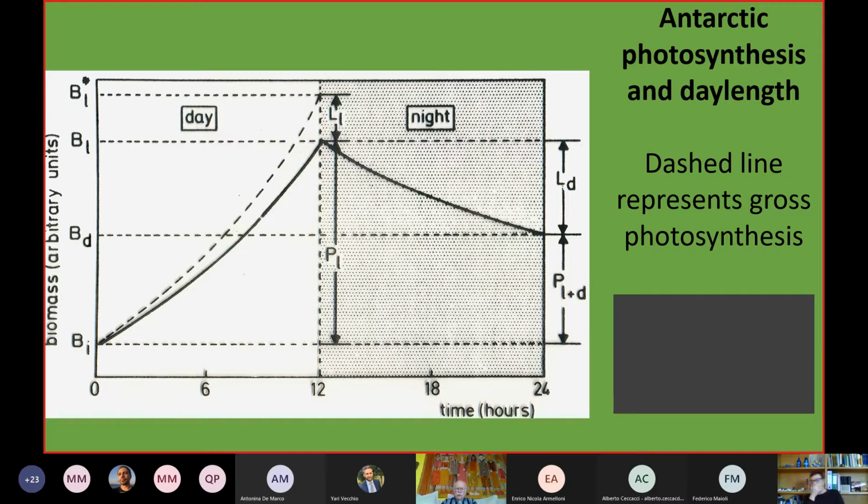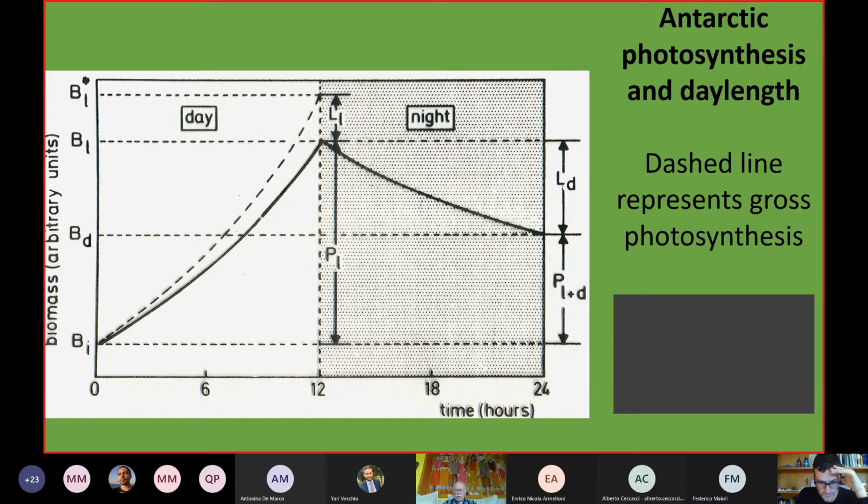Now, here we show what happens at a date in the Antarctic where you have 12 hours of light, 12 hours of darkness. So we see during the light, the photosynthesis increases, and with it, the biomass in the algae.